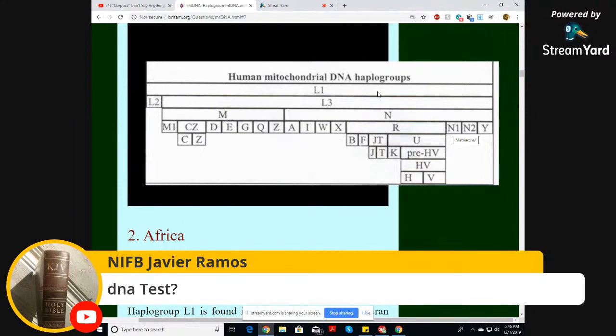Because see, this is how it's lined up as I was trying to explain, but it's hard to see from the other chart. L1, L2, L3 would be the descendants of Ham, and the descendants of Japheth would be M, as we have noted that they're all in Asia. And the N would be the Semitic descendants.